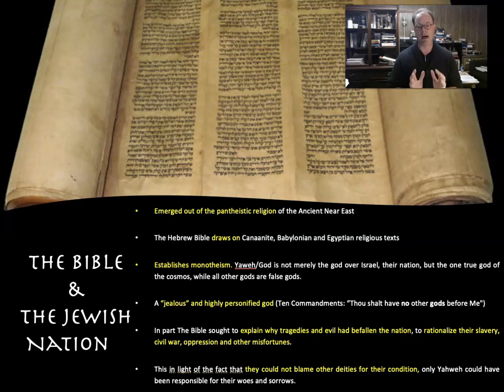The Bible comes out of a region of the world, Mesopotamia, in which the religion was pantheistic. And of course, the Hebrew Bible is predicated on being the revealed word, not of many gods, but of one God. And the development of monotheism establishes some interesting problems for explaining the nature of the world and of human history, experience and events, problems that pantheistic religion doesn't have, which is to say, now we have a single God who is the cause of everything in the order of things.